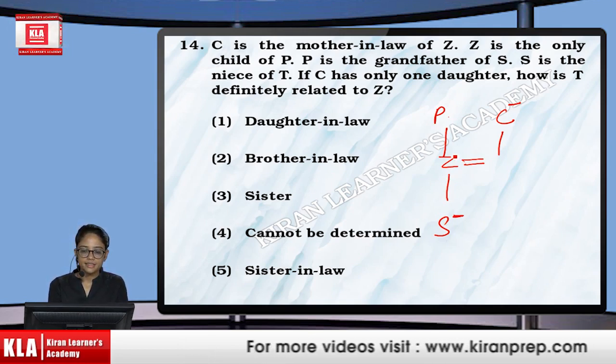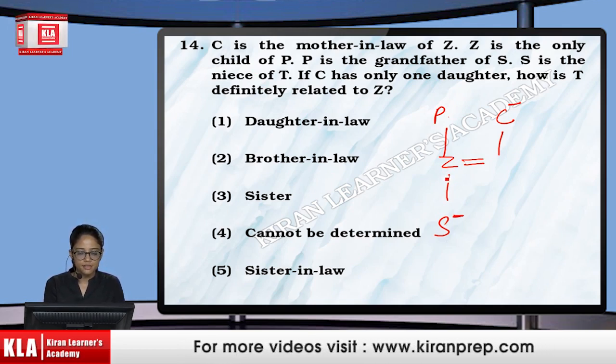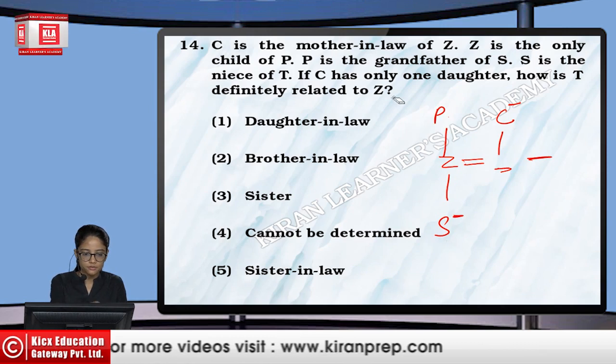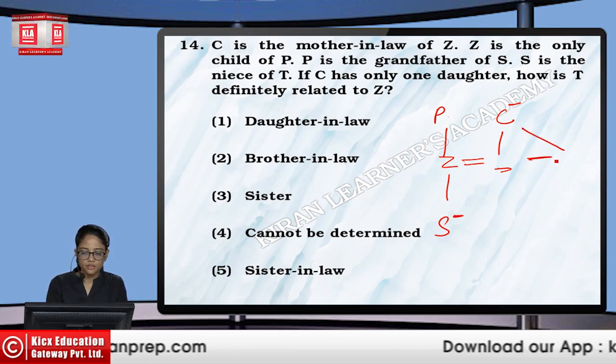So as it is said that P has only one child Z, that means she is the niece from the other person. So there's one more. Someone is brother or sister of the person.